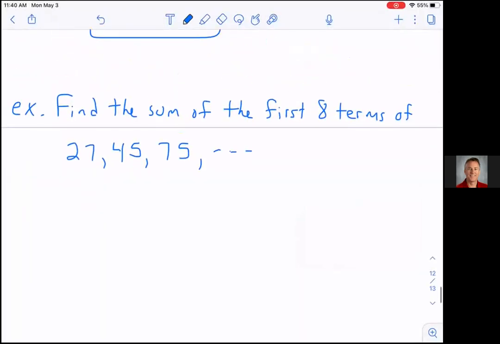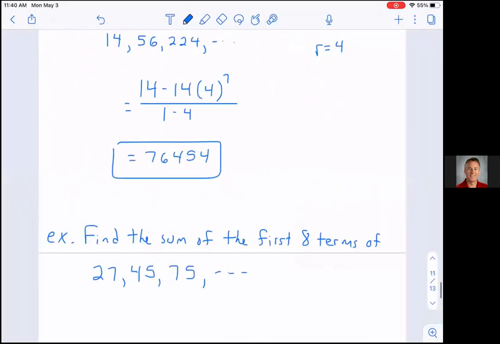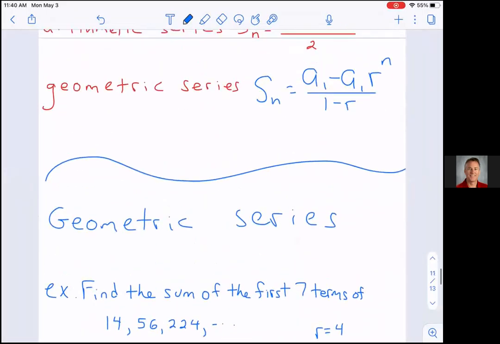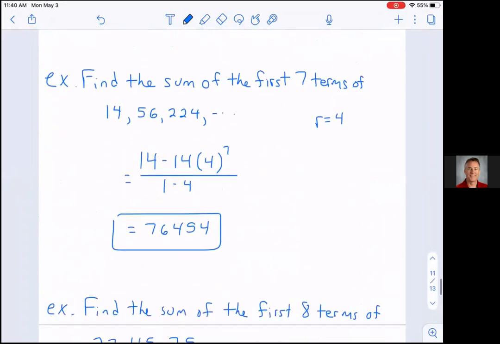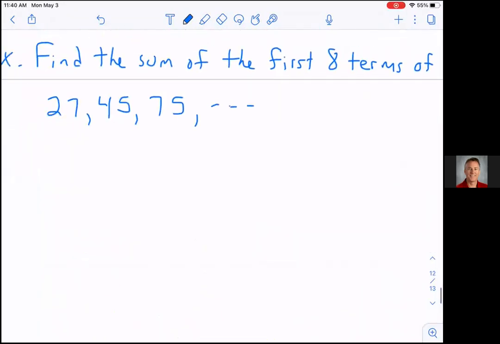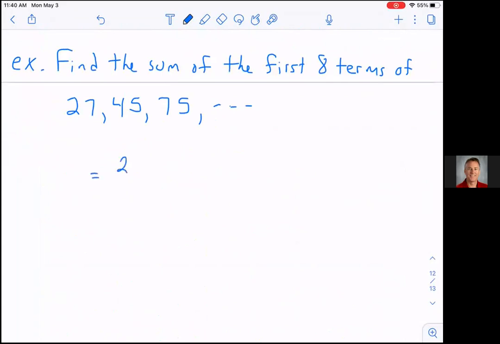All right, so we're using again this formula. So a sub 1 minus a sub 1 times R to the n over 1 minus R. So a sub 1 is our first term, which is 27, minus that same term 27, that's a sub 1. And our R, remember R was 5/3 to the n.